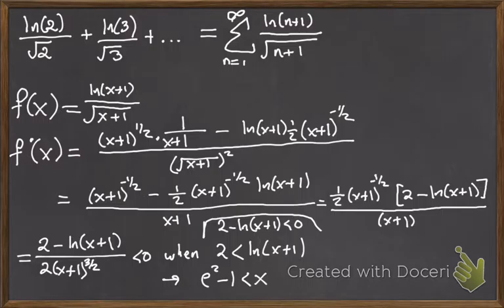I don't know, use your calculator to find it. Let's say, as a conservative estimate, that this is 6. It's definitely not 6, but let's say it is. That means we can't use the integral test for the first 6 terms of the series. And the first 6 terms, that's finite, so that's not going to affect whether it converges or diverges.